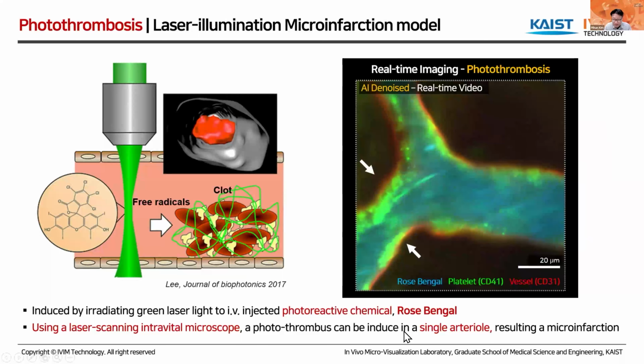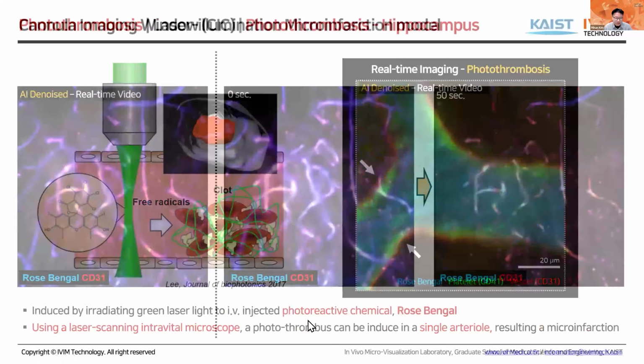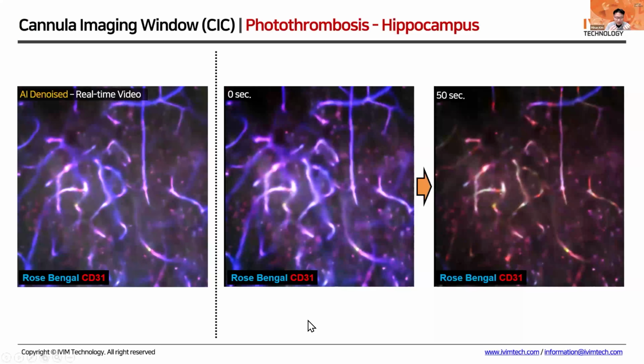It quickly builds up platelet aggregation and makes a thrombus in real time, as you can see in this video. So basically, we can induce photothrombosis in the hippocampus by using this CIC imaging window. This is a real-time AI denoised video, from 0 seconds to 50 seconds, and you can quickly see the decreased blood flow in the hippocampus.